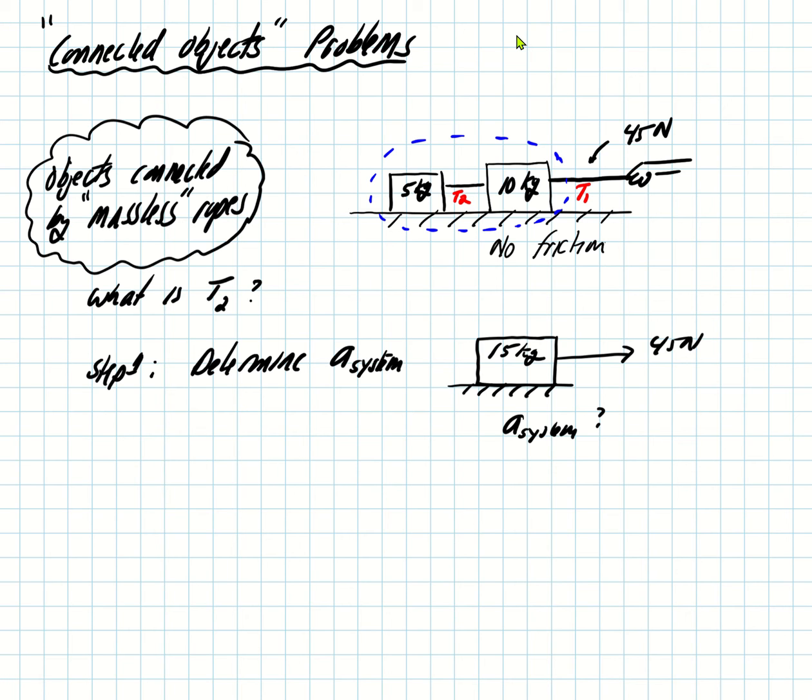And hopefully by now you think, well, that's a pretty easy Newton's second law problem. And it is, because we're given the force and we're given the mass. So here we go. The acceleration of the system is going to be, think about what are the forces acting on my system of boxes, divided by the total mass of the boxes.